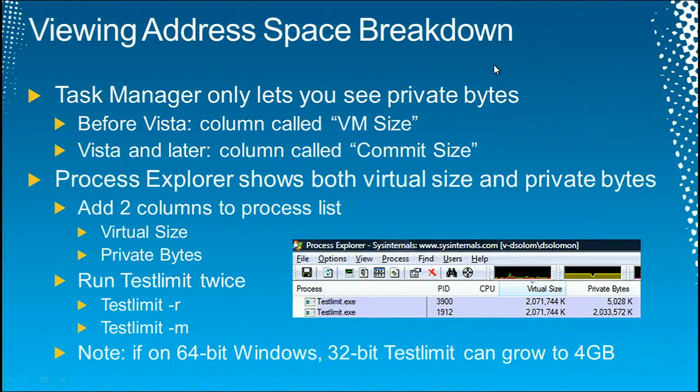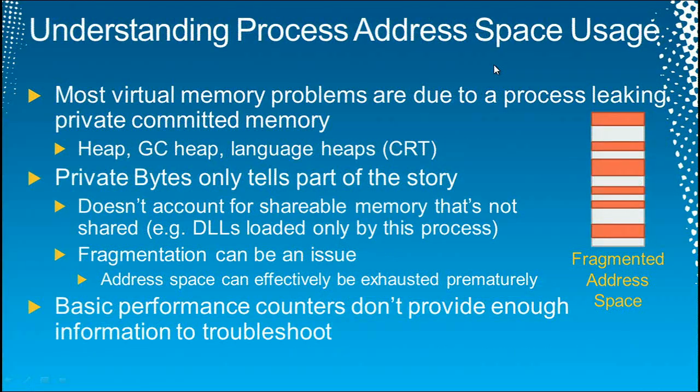So one of the reasons that Task Manager used to show you that VM size, and later, what did it call it later? Commit size counter by default, was that most memory problems caused by a process are them leaking private bytes.